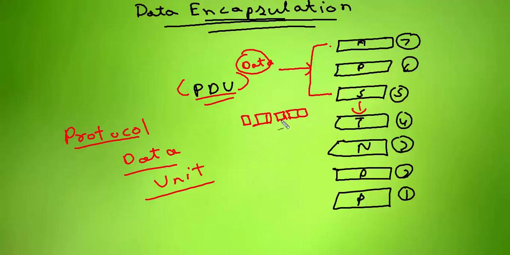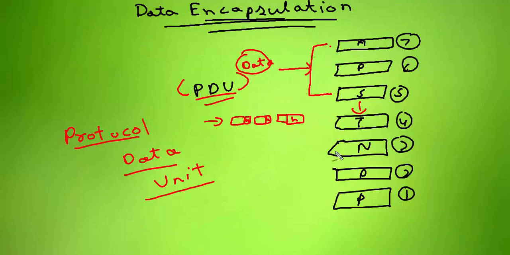Let's say this is the data that comes from the application layer. Then the transport layer adds a header to each piece.